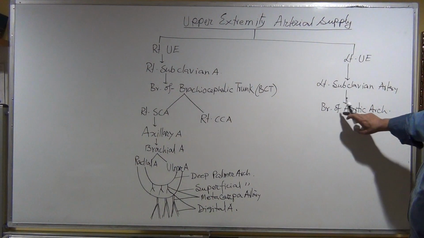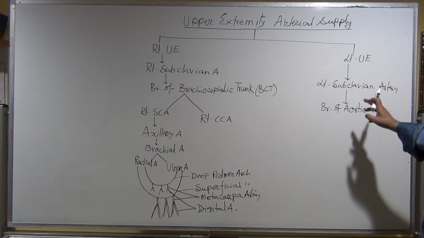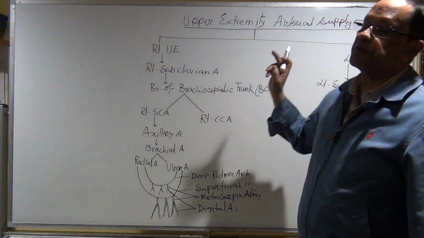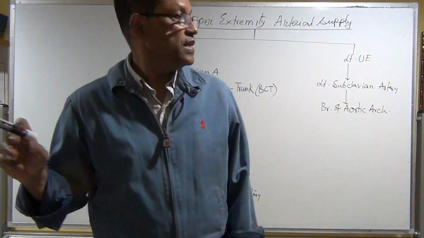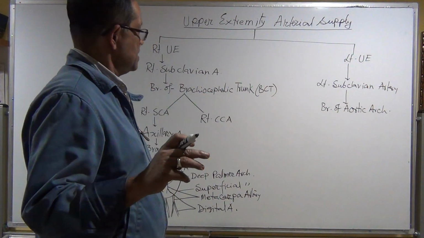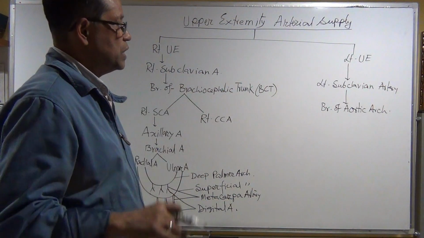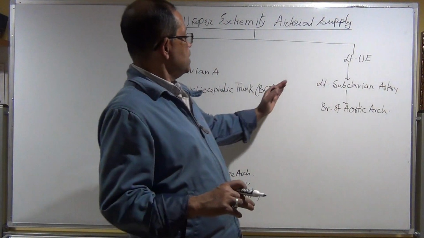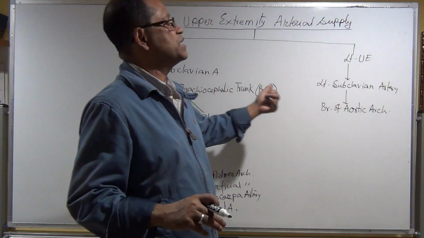On the left side, the left subclavian artery is a direct branch of the aortic arch. There is no brachiocephalic trunk on the left side. The brachiocephalic trunk we also call the brachiocephalic artery, but trunk is a good name. There is no left brachiocephalic trunk.